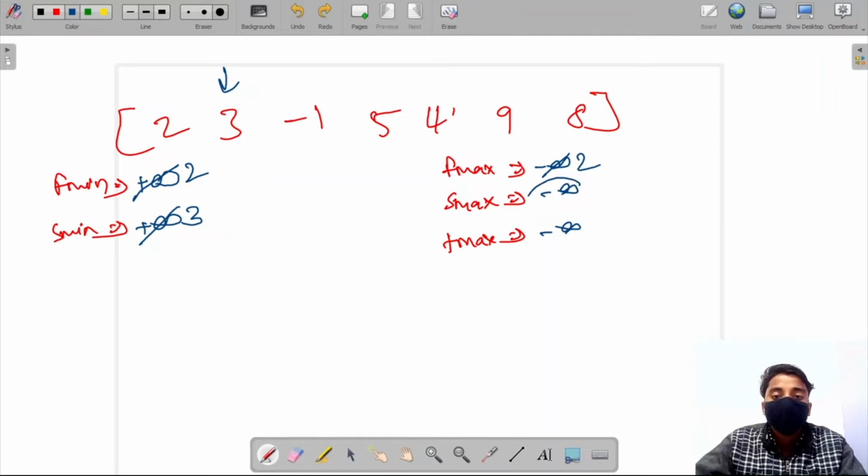But what if this second max also has some value, like let's say this is 1? So this means we need to update the third max first by the value of second max. We will see this in the next element. So now we need to update the second max. Second max is updated by first max, that is 2. This time first max will be updated by 3.